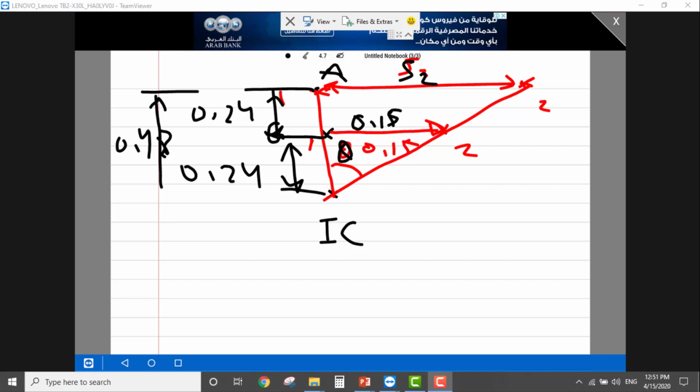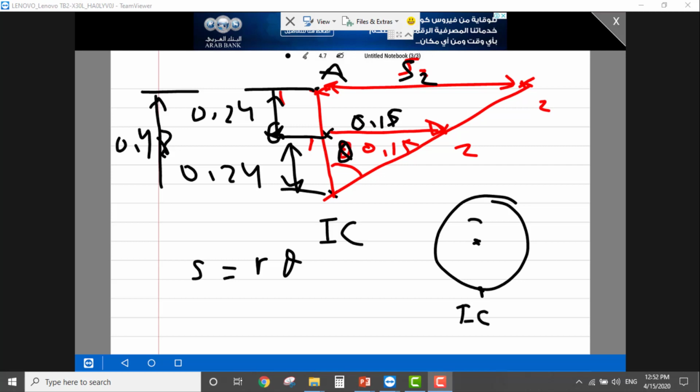So here, this distance 0.15, which represents the movement of this point S, is equal to R multiplied by theta. Why? Because here is the disk, and here is the point G. Imagine that this IC is a fixed point, so this point G will do circular motion.